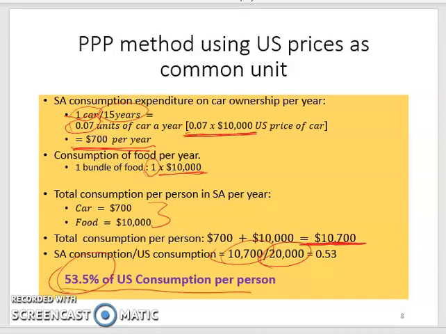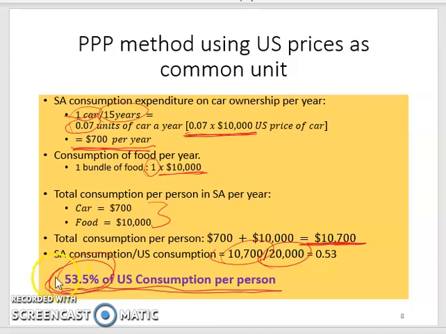So it means that the standard of living in South Africa is still lower. However, it is only lower by 46.5%, which is the difference between 100% and the 53.5%.